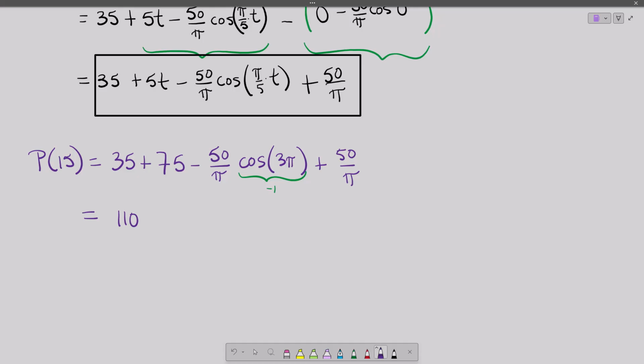Common denominator, combine the tops. So 50 over pi plus 50 over pi is 100 over pi. The math is getting really hard now. Okay, so there is P of 15. Obviously, we could get an approximation, plug it into a calculator, round it to the nearest fox. We'd have that.